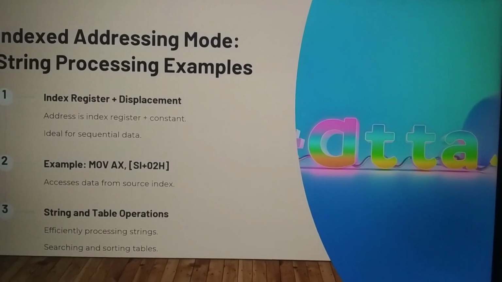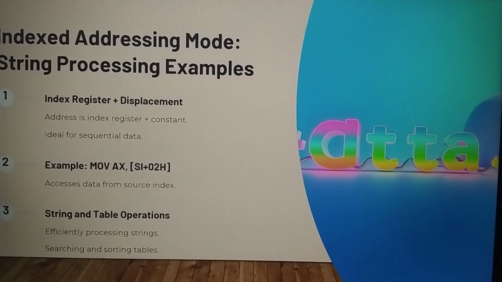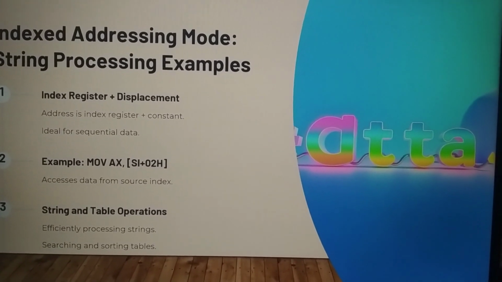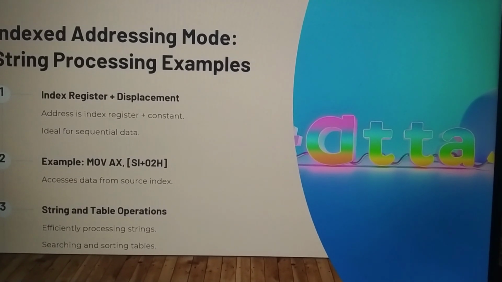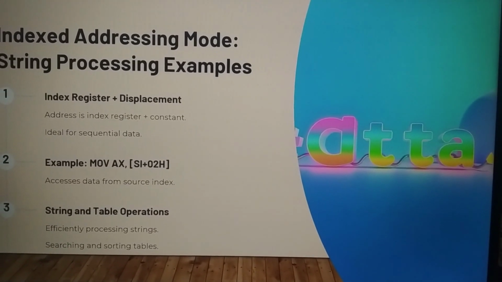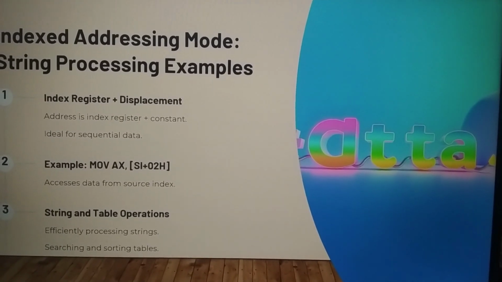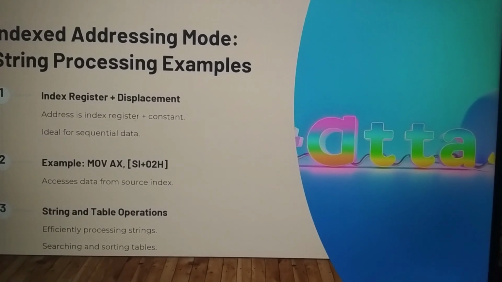In this mode, the effective address is calculated by adding a displacement to the content of an index register, either SI, the source index, or DI, the destination index. The index register typically holds the position or index of an element within an array, while the displacement points to the start of the data structure.